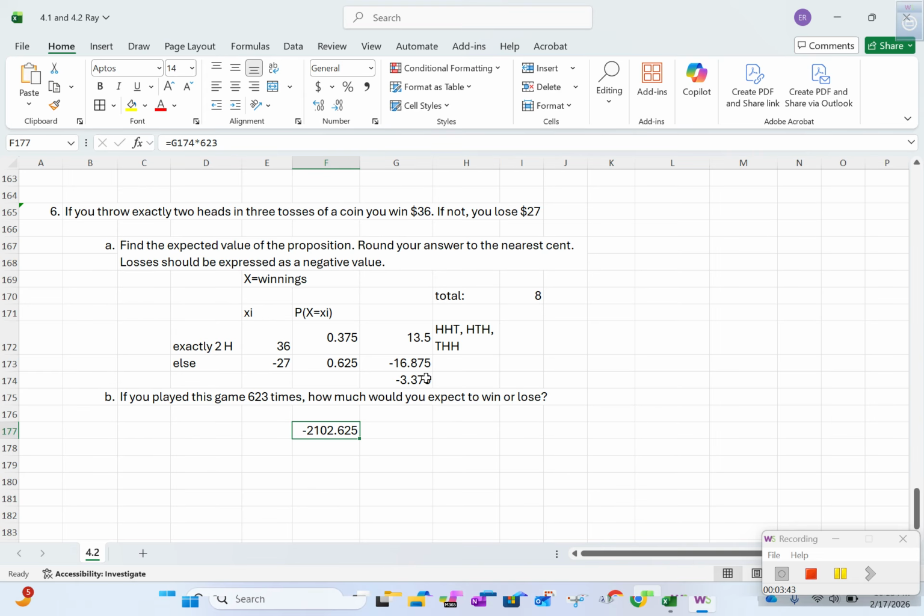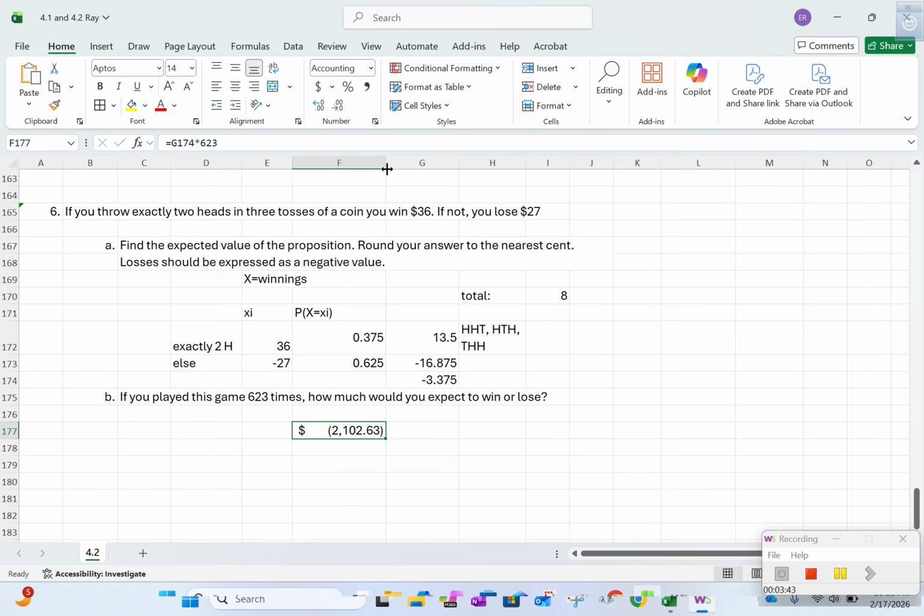So you would lose quite a bit of money. I'm going to hit the dollar signs so it automatically rounds for me. Excel uses parentheses to represent losses, but that's a loss of $2,102. If you have any questions while you're working on your homework, as always, come see me.